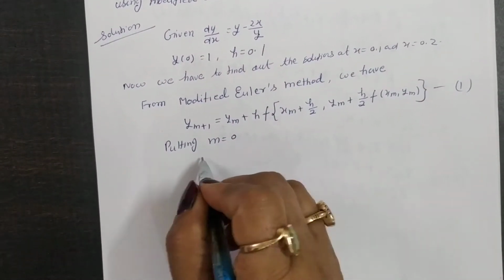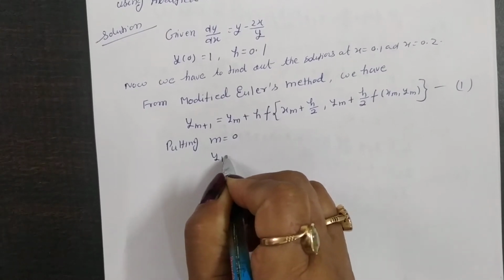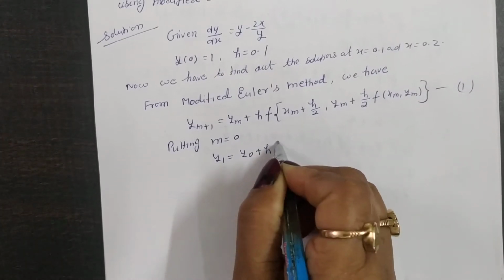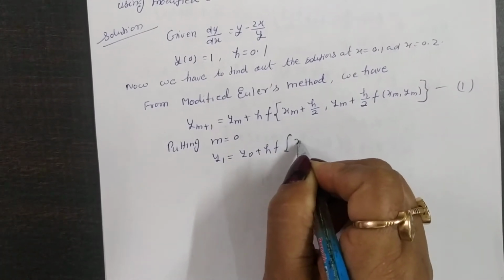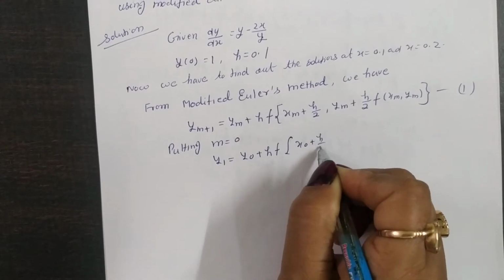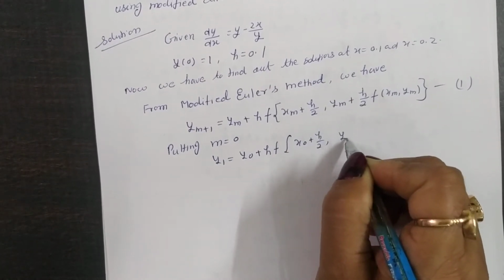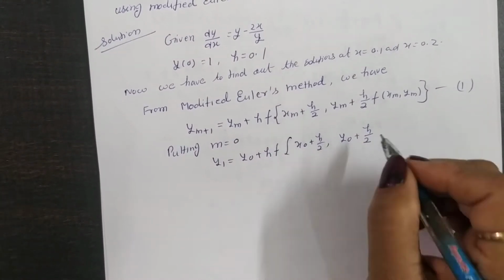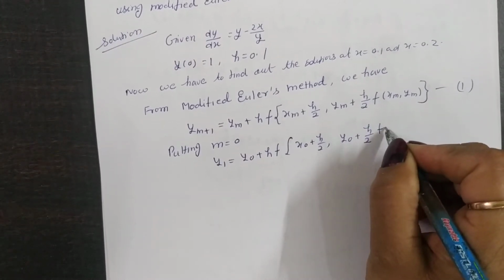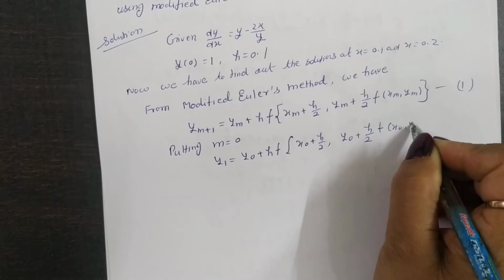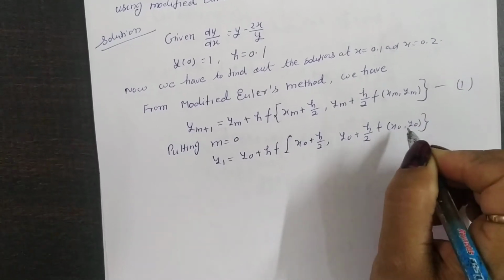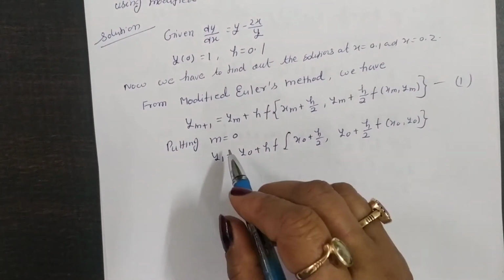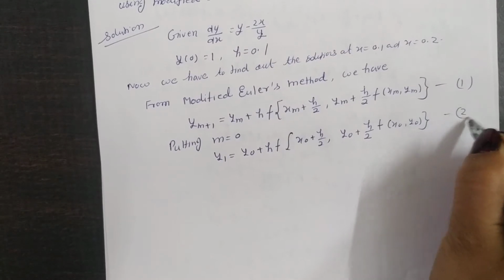Substituting m is 0, y1 is equal to y0 plus h f of (x0 plus h by 2, y0 plus h by 2 f of x0 y0). Okay, students? Clear? Now this is the general formula. Let us suppose that for putting m is equal to 0, this equation is 2.